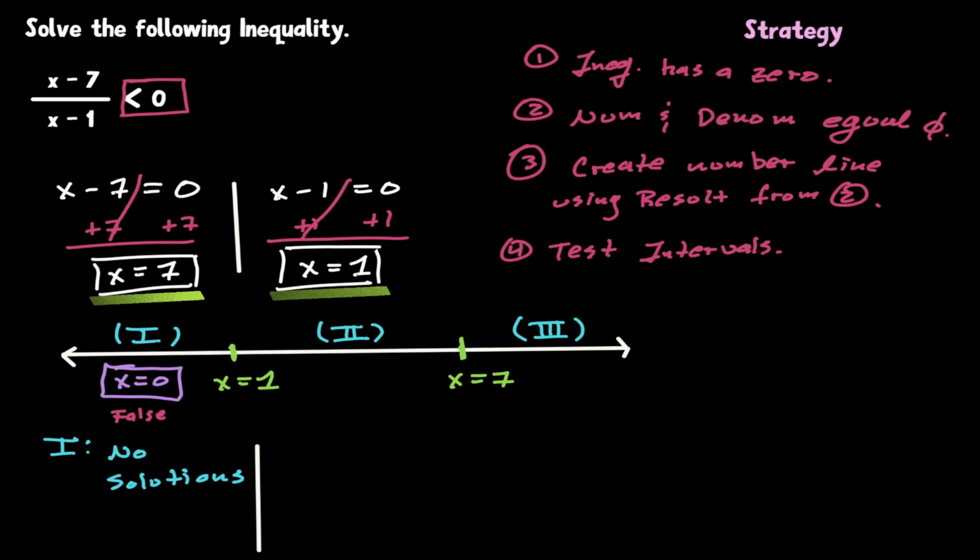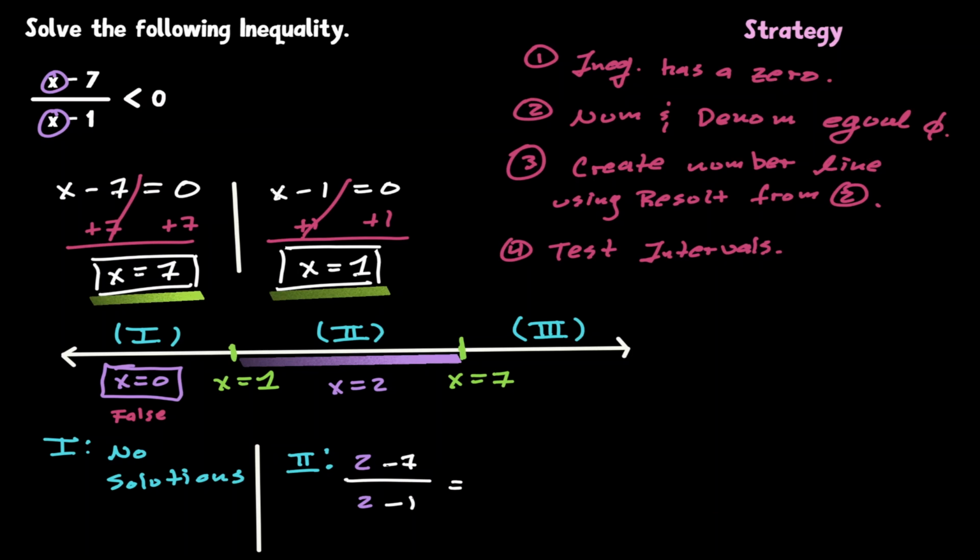And now let's repeat the same process, but for the interval number 2. Let's choose one value that is between 1 and positive 7. I'm going to choose the value of 2. And let me test that number. Let me plug it in to the rational that we were given, and let's try to see if the result is less than 0. So we're going to get 2 minus 7 on the numerator and 2 minus 1 on the denominator. Let's simplify it.